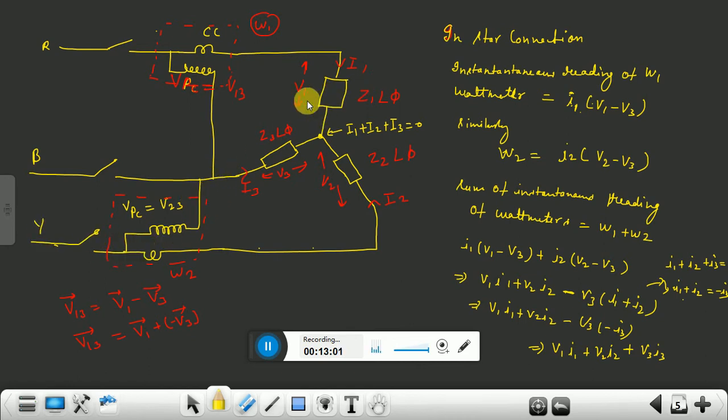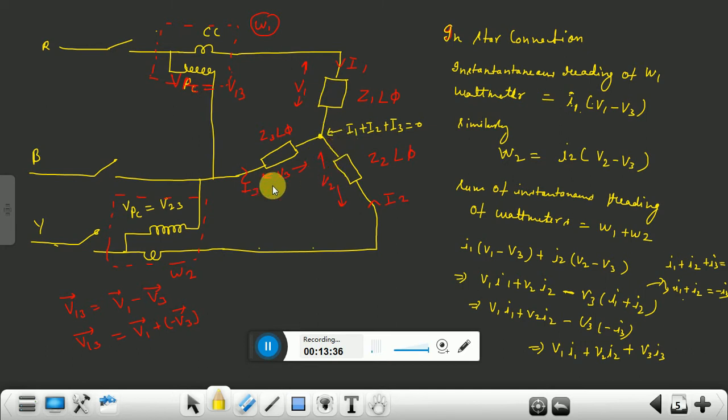Here we connect three impedances in star. The impedance of this element is Z1 angle phi, the impedance of the second element is Z2 angle phi, and the impedance of the third element is Z3 angle phi, and all impedances are connected in star.